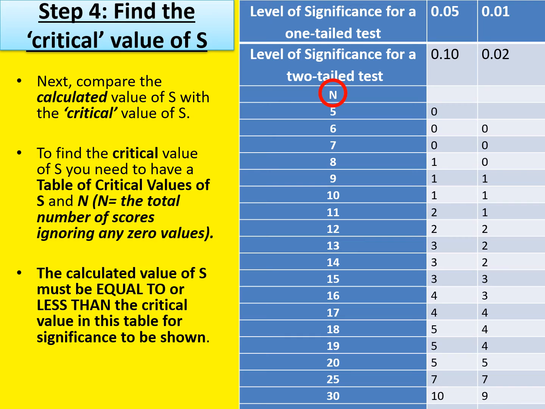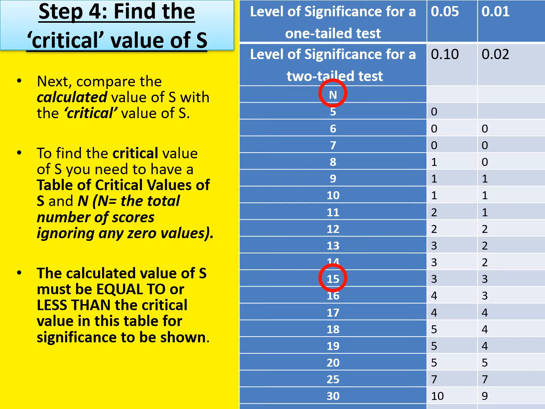In that case, you would not get a plus or a minus, you get a 0 score, and you kick those 0 scores out of the investigation. For us, there were no 0 scores, and we know that there were 15 participants, which means we had 15 scores. So N equals 15. That's our first starting point.